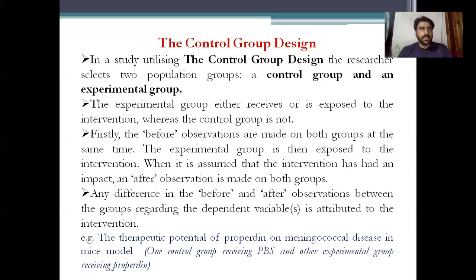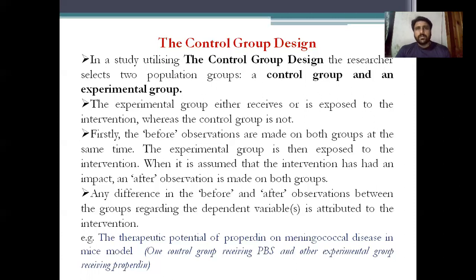Now we have some therapeutic intervention, like here we have properdin. It is a complement protein. One group is injected with a certain amount of properdin, and the control group is just injected with phosphate buffered saline, or saline.